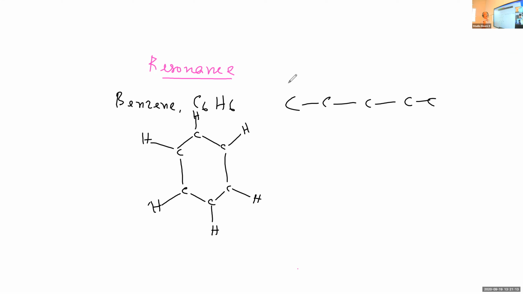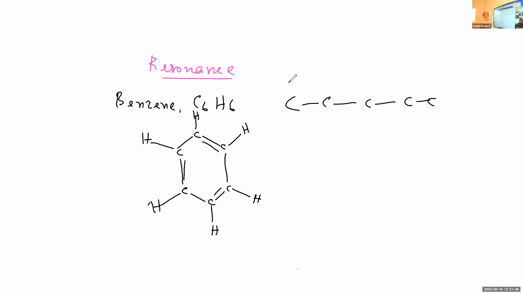The valence of carbon is equal to 4. Therefore, there should be 4 covalent bonds around the carbon atom. But in this structure, there are only 3 covalent bonds around the carbon atom. And to complete the valence of carbon, alternate single bonds and double bonds are given.